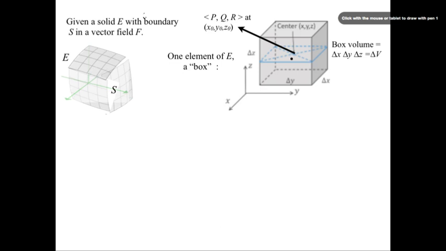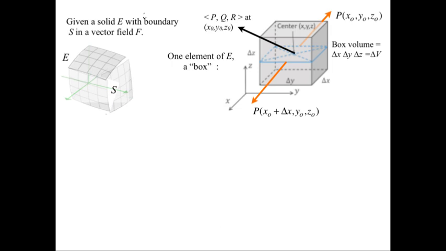And at that box, there's some vector of the vector field, P, Q, R, and we'll say it's at x naught, y naught, z naught. So we've got the one little tiny element of our solid, and then we have the vector of the vector field associated with that solid.